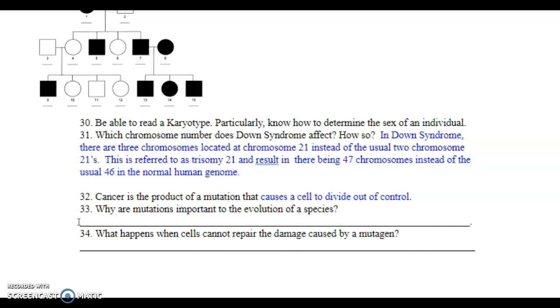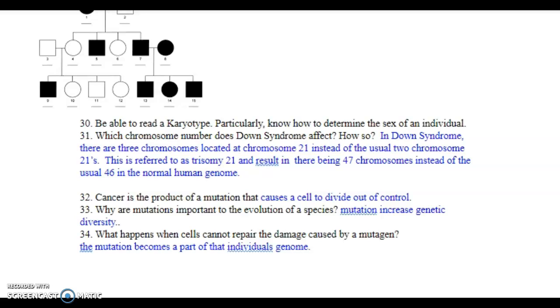So mutations are important to evolution of species because they increase the genetic diversity. Usually we think about mutation as being a bad thing, but it does increase genetic diversity, and sometimes there are cases where the mutation actually makes an organism more able to survive changes in the environment, and it becomes a good thing if it stays with that organism and is passed on to the next generation.